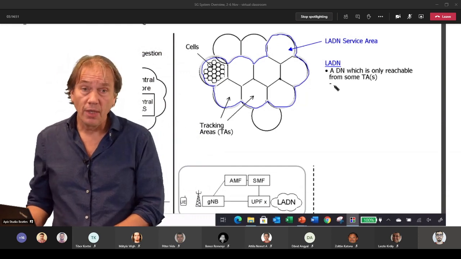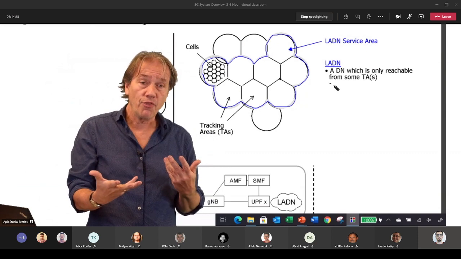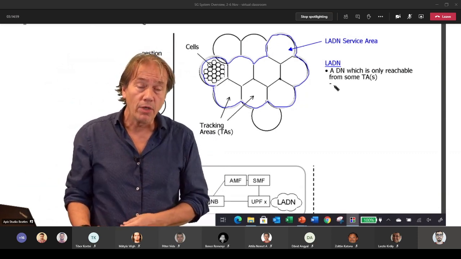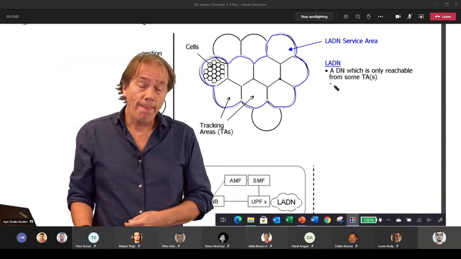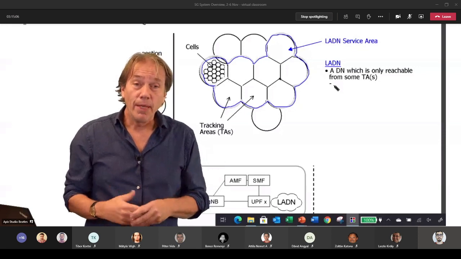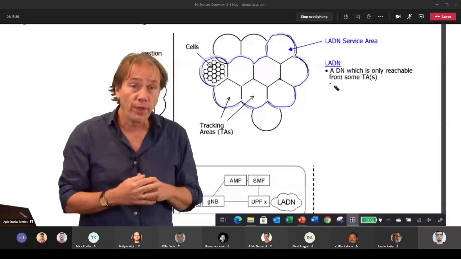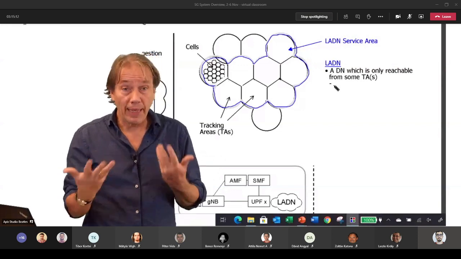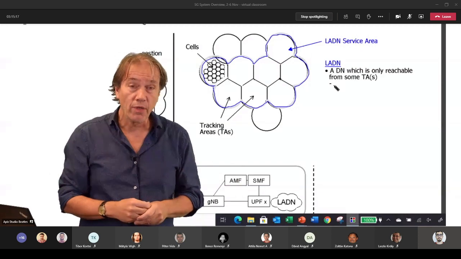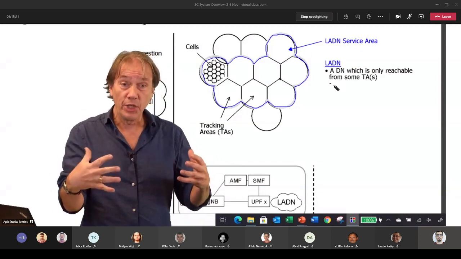So some examples, maybe inside a sports stadium, if people who watch a football game or whatever, because they're paying a lot of money for the tickets, maybe the stadium allows them to watch special content, replays of situations or background information about players or whatever, but they can only do so if they are inside the stadium.